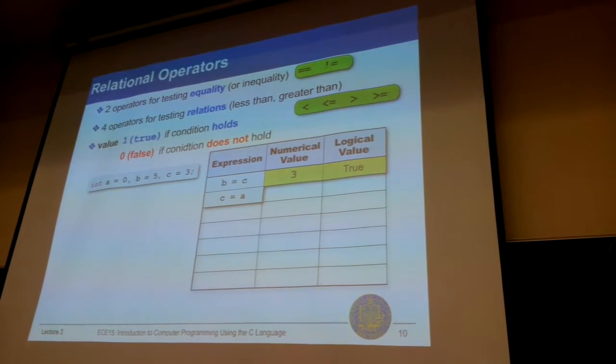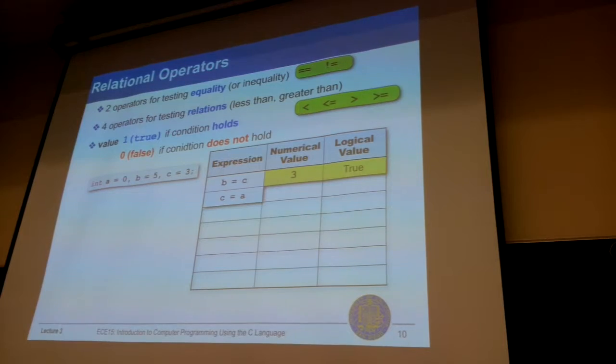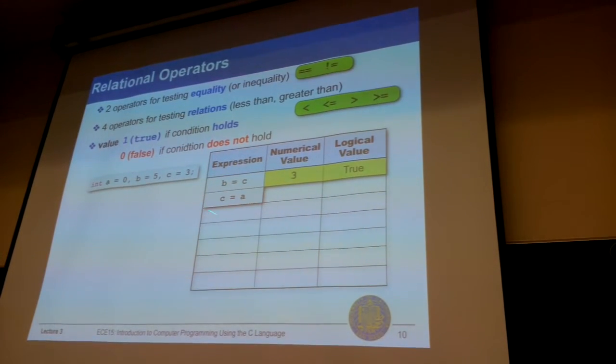So similarly, we have C equals A. Just click in. Good. Most of you see that this is false because C will get set to 0 and will be interpreted as false.